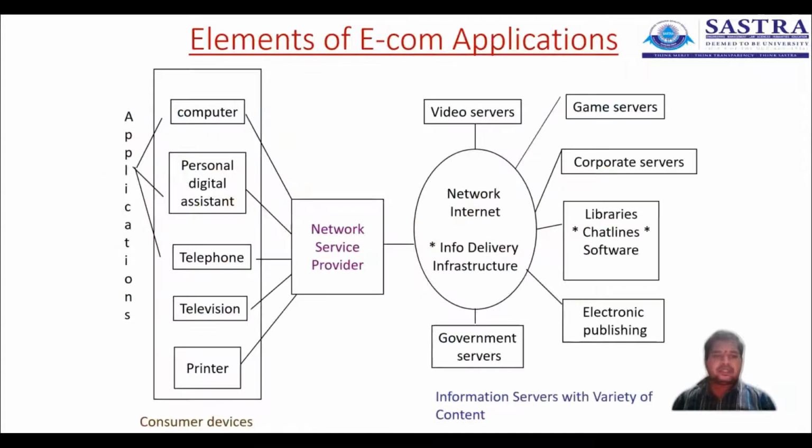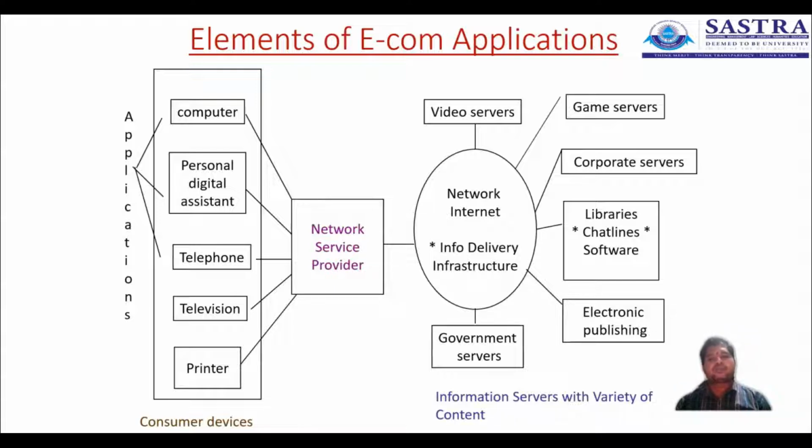Then coming to the elements of e-com applications, we are having separate applications, whatever we have seen in our previous slide. Then what are the consumer devices we are having, then information servers with a variety of content. So the consumer devices are nothing but computer, personal digital assistant, telephone, television and printer.